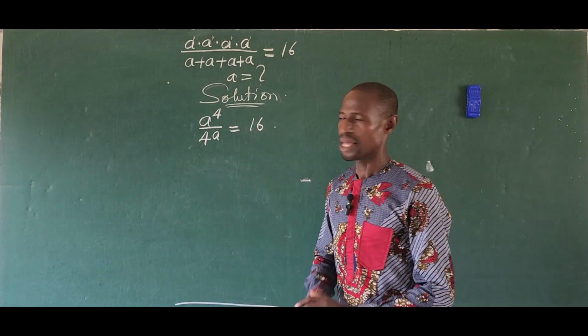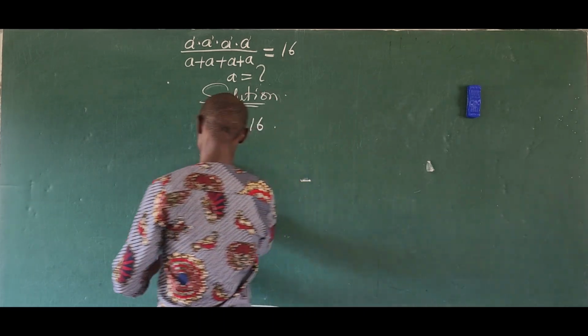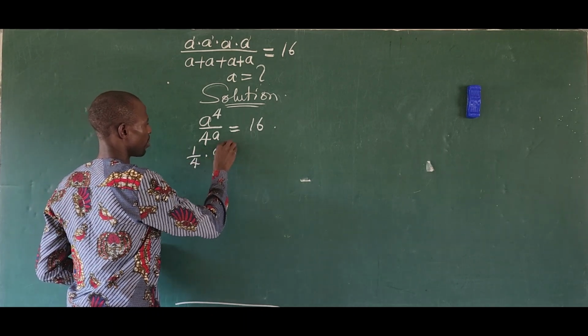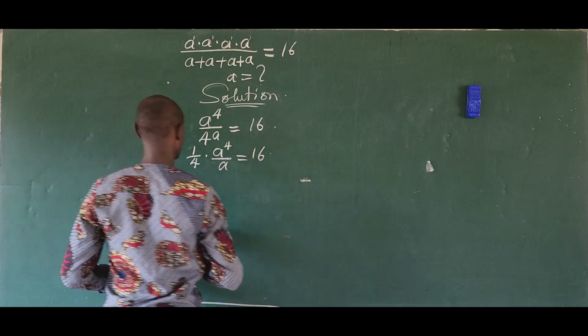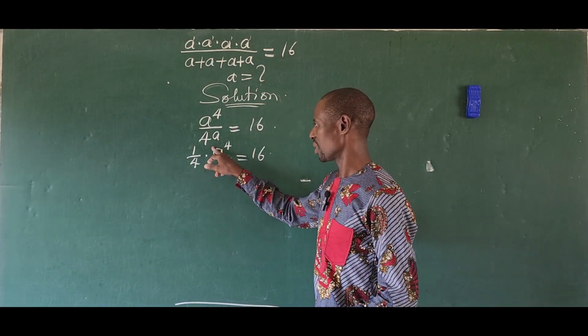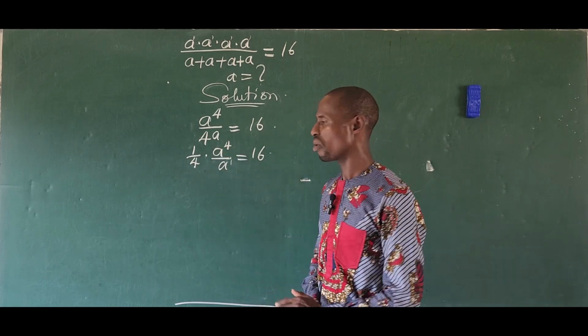Easy. Now we can rewrite this expression by separating this 4 out here. So this is going to give us 1 all over 4 times a to the power of 4 all over a, this is equal to 16. So we have a division sign here. The variables are the same, but the powers are different because here we have an invisible 1.